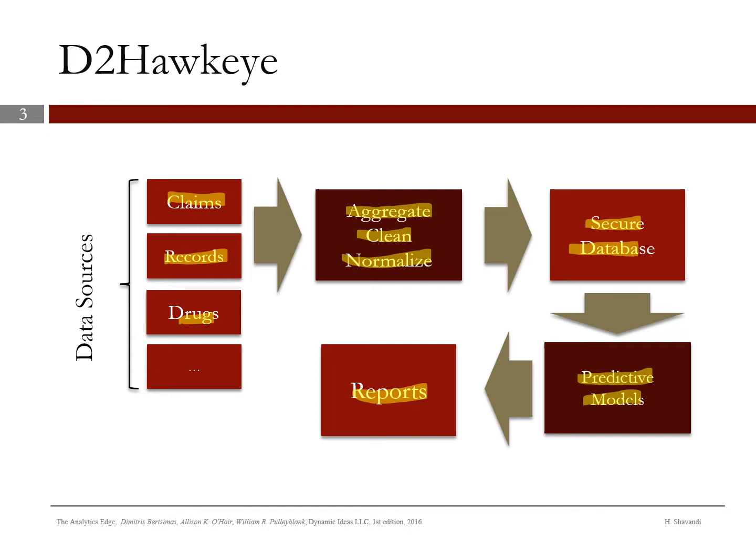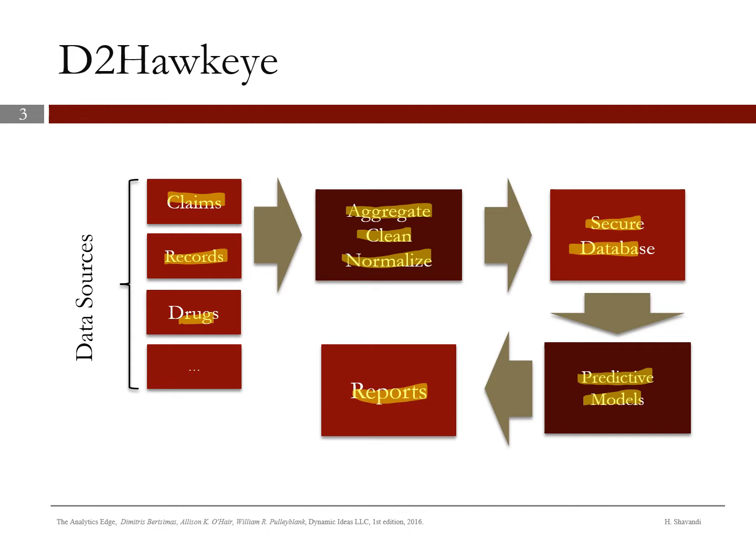As you see here, we have data from several thousand employers with millions of individuals, and data from different sources like the hospitals or other care providers could be in different formats or often with missing items and errors.